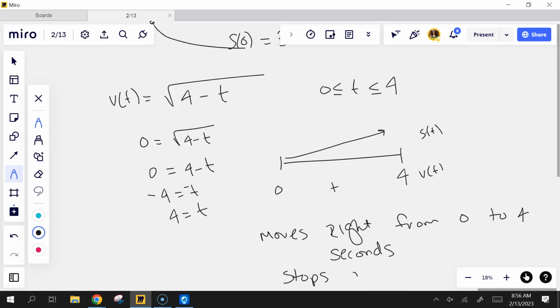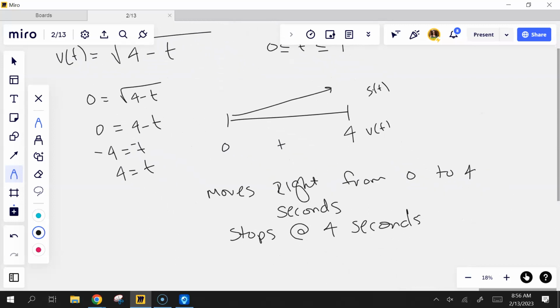Stops at 4 seconds. And I probably should include because velocity is positive. And it stops at 4 seconds because velocity is 0 here, or v of 4 is 0. Tells me that it stops, right?